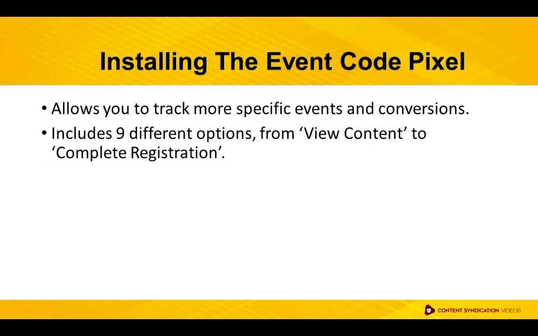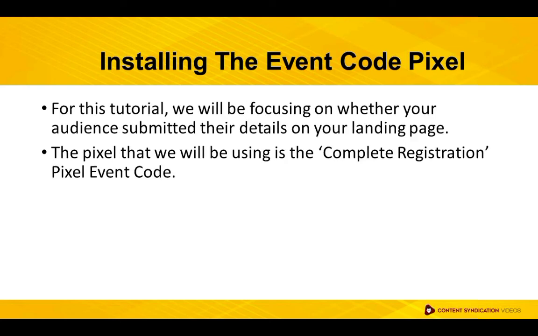The next step is to install your second pixel, which is the Facebook Pixel Event Code. The event code allows you to track more specific events and conversions, where it includes 9 different options from view content to complete registration. For this tutorial, we will be focusing on tracking whether your audience submitted their details on your landing page, where we will utilize the complete registration pixel event code.